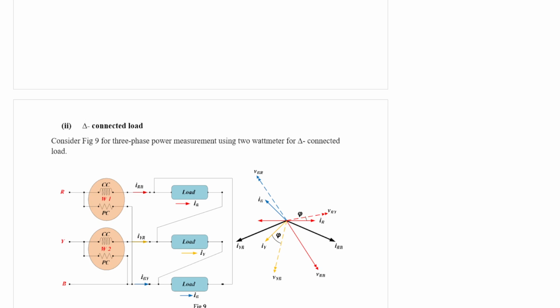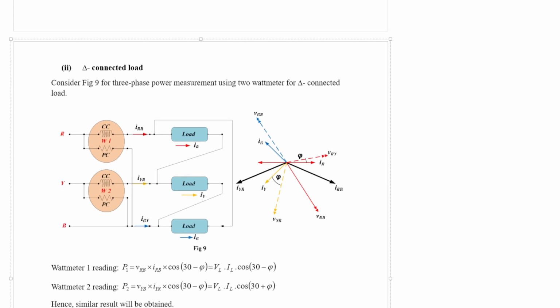And again, based on how the connections of the wattmeters are done, the wattmeter readings will change accordingly. So with this background, let us proceed towards the delta network load, or delta connected load.